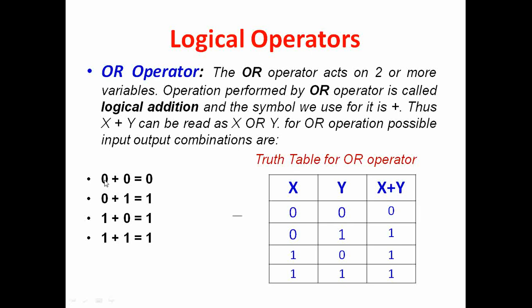If 0 represents off, or low, and 1 represents on, then if both inputs are low, we get low in the output. But if any input, or both inputs, are high, then we get the output as high. This is the truth table for the OR operator.